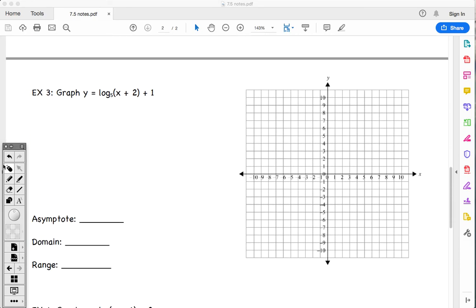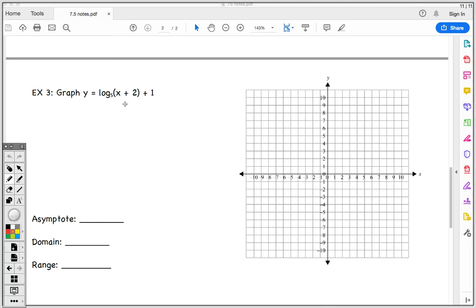So, again, let's look at this one. So the base is 5. That tells me it's going to go up and to the right, because the base is right here. The h is opposite of, which means it is -2. And the k doesn't matter, but the k is equal to 1. It tells us that it shifts, but that's okay.